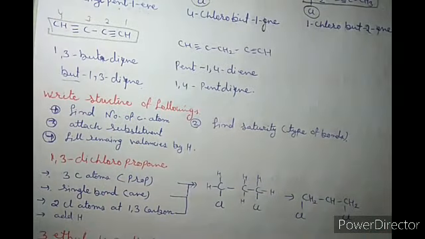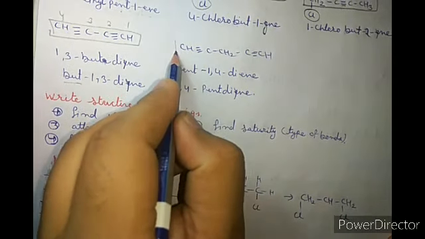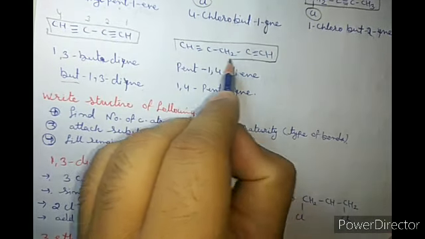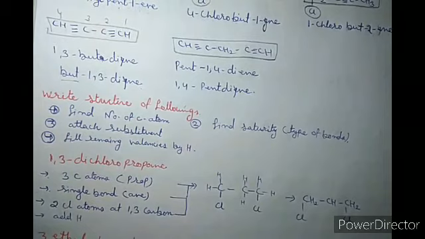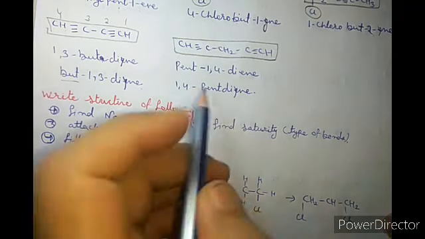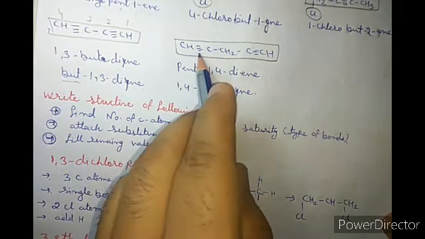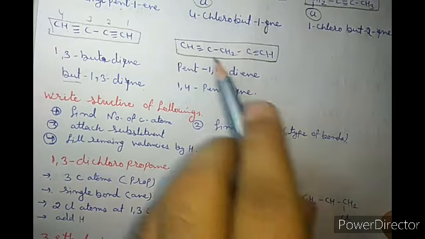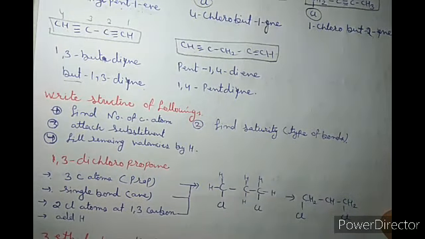One more example, that is the last example. Now give the minimum number to the double bond. From any side we can use.